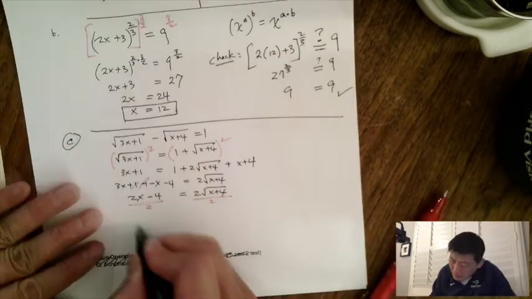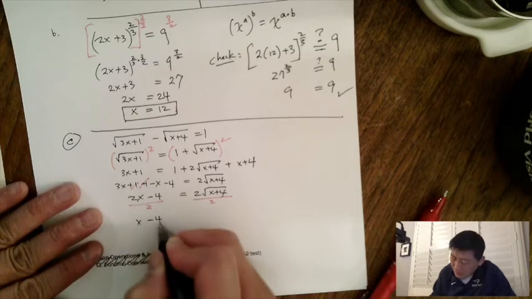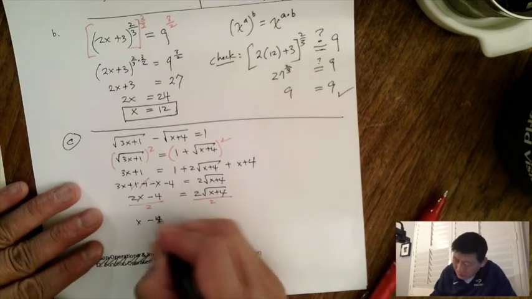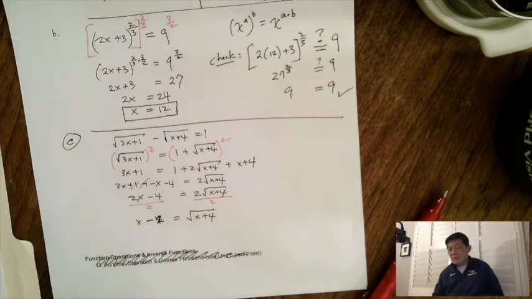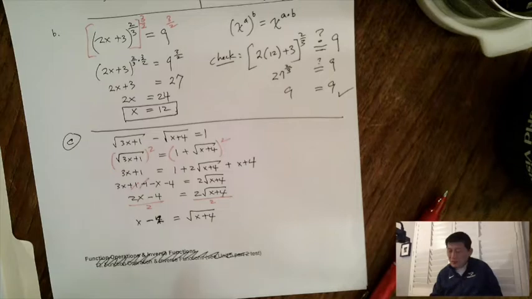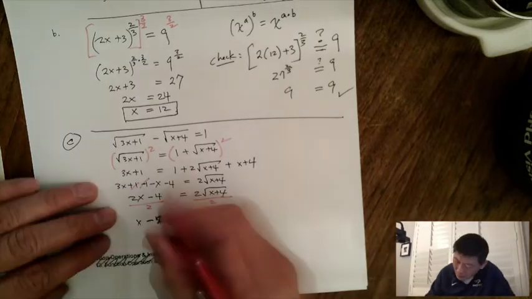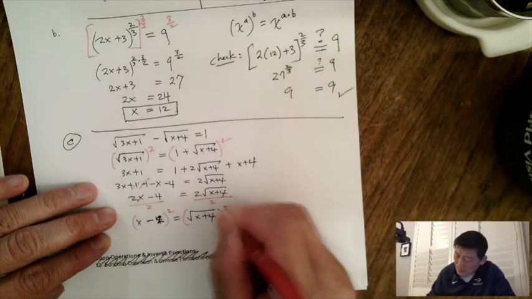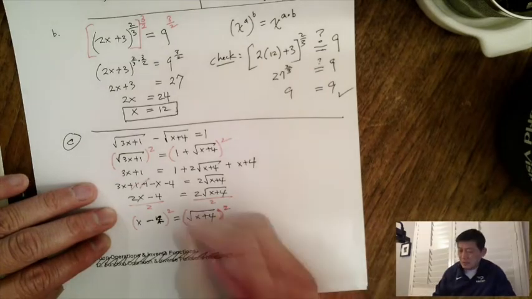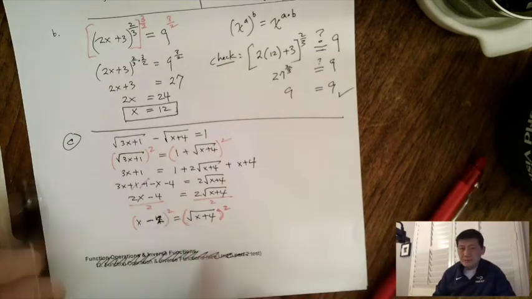So I end up with x minus 2 is equal to the square root of x plus 4. And in this case, I can go ahead and square both sides again, because that way I can get rid of the square root over here.